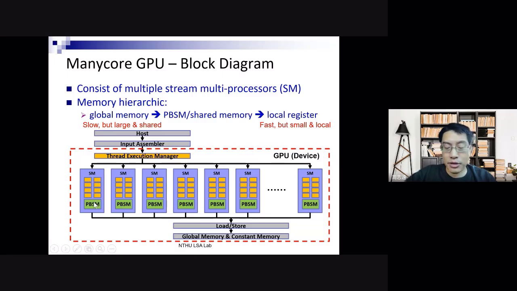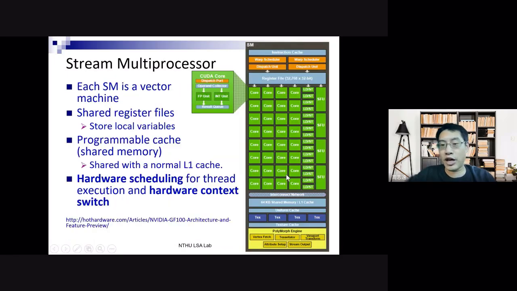It's faster but smaller, and the access scope is more limited. Certainly each core also has its registers, so you can have local variables that can only be accessed by a single thread. So memory also has a hierarchical architecture like this. That's why later, when we introduce the API, you will see that the API basically abstracts this whole system architecture for us.